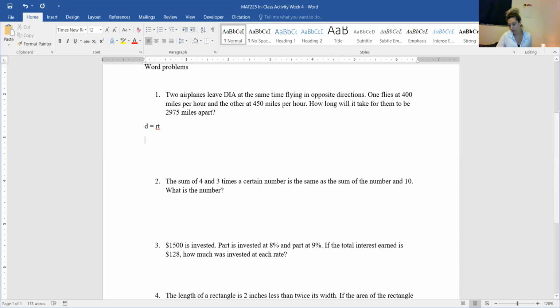So it'd be 400T, right? No, 400T and 450T. Are we multiplying or adding, subtracting, dividing? Well, you're doing a little bit of both, aren't you?